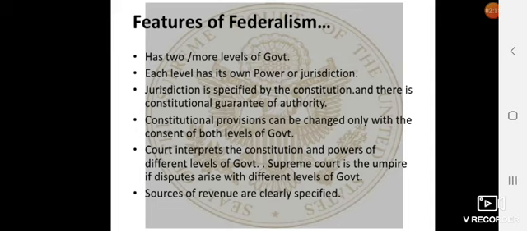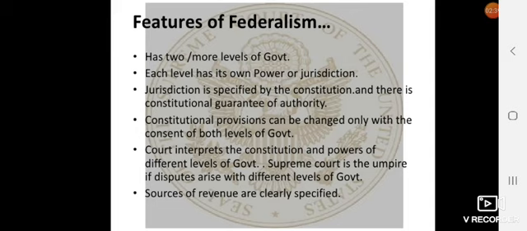So the constitutional provisions, that means the power given to the central government, the state government or the local government by the constitution, can be changed only with the consent, that means the approval, of both levels of government, that is central and state government. Courts interpret the constitution and the powers of different levels of government. The Supreme Court is the umpire if disputes arise between different levels of government.